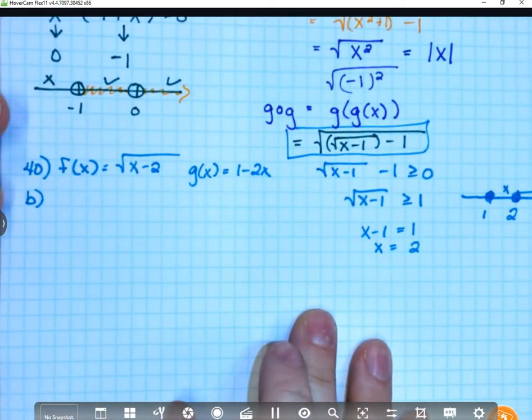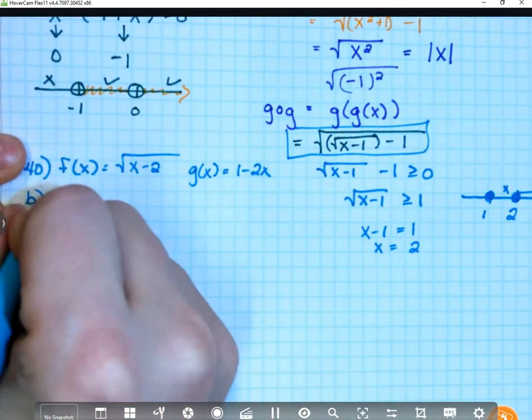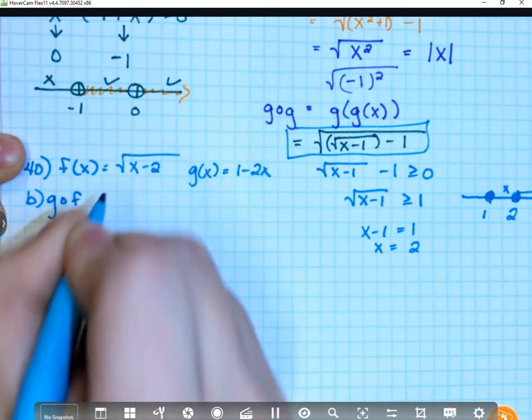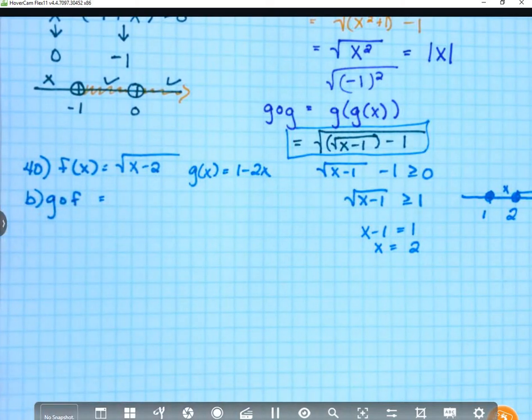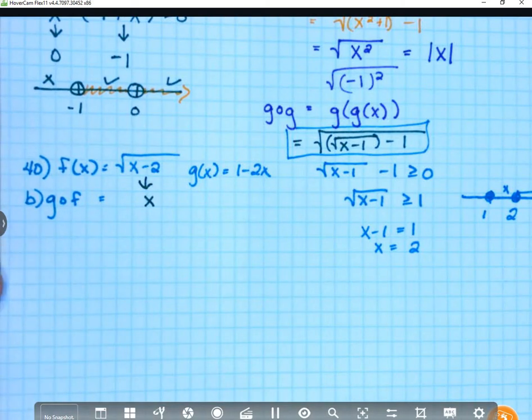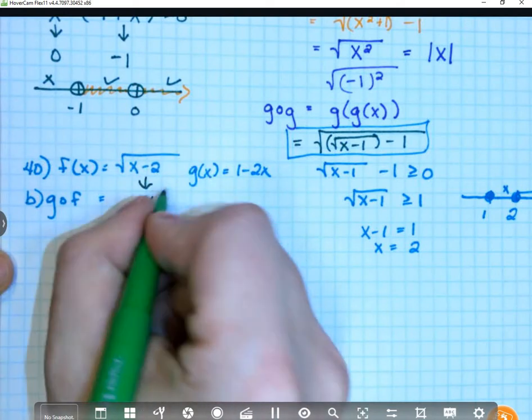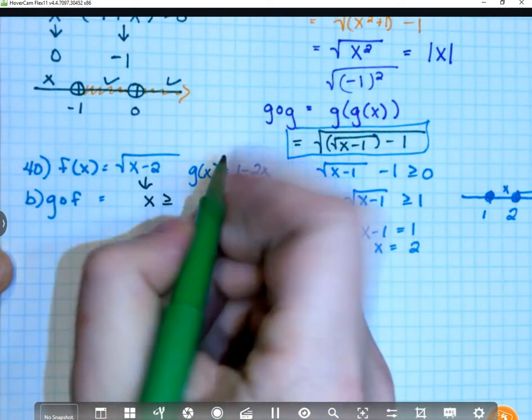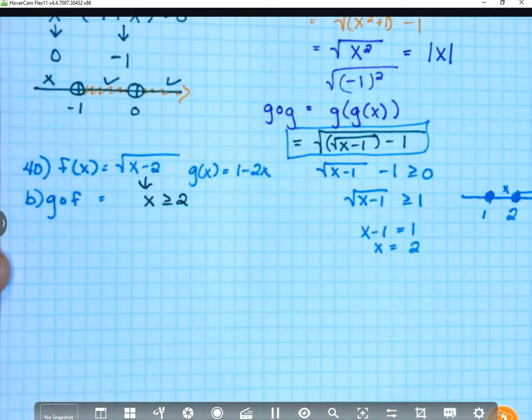Well, that would help if you could see it. Thank you. B is g of f. So who do I get my restrictions from? F. So from f, we start off with the fact that x has to be greater than or equal to 2.